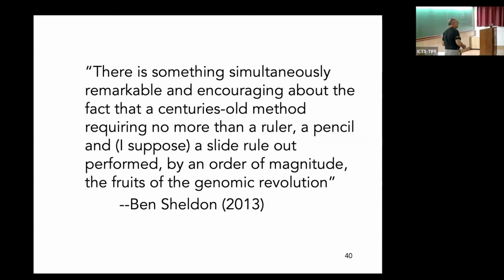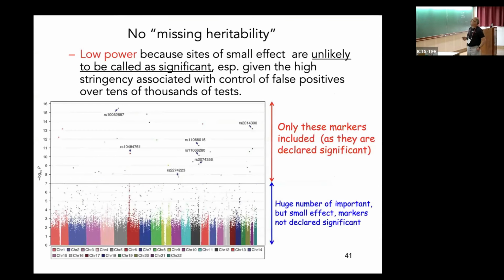So why is this the case? I think you've got an idea in terms of R squared, right? If my R squared is only 0.1 for a given marker, I'm only going to pick up 10% of the causal variance. So here's the idea. What you did is every marker above the significance threshold, you put that into your regression.